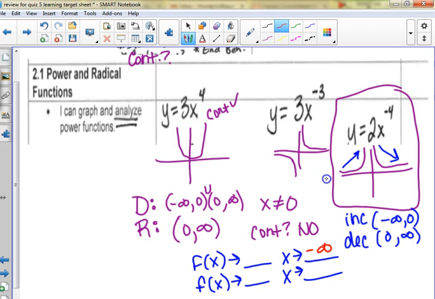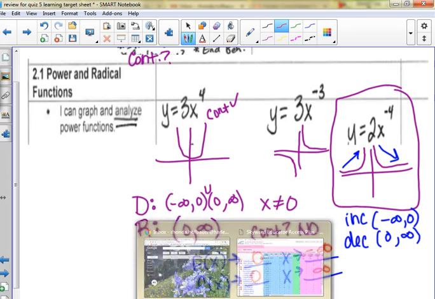As you go off to the left, it is getting closer and closer to 0. This one would have been infinity, right? This one would have also been 0. All right, on the right end, yes, these two are both 0. This one would have been infinity.